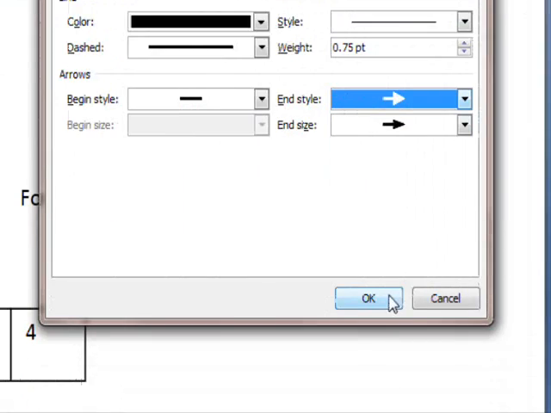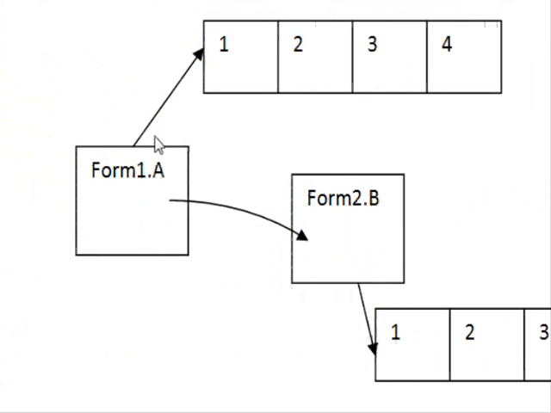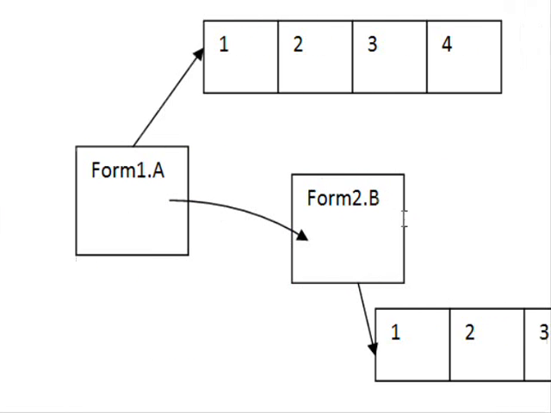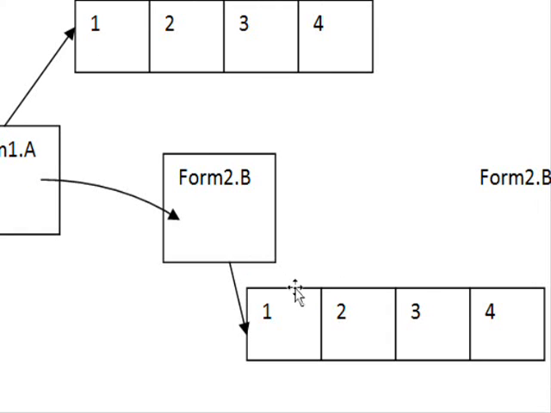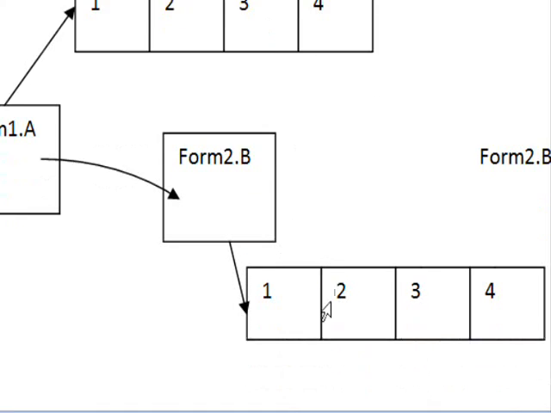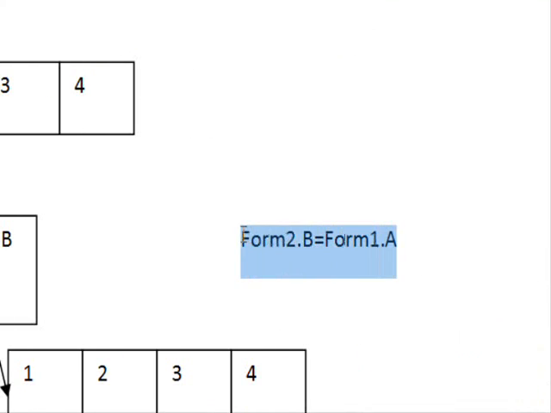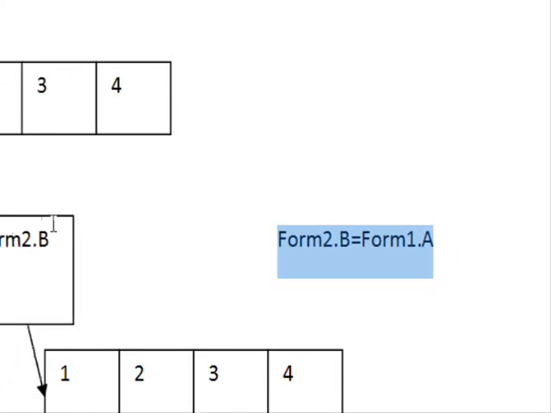So the idea here, you want to copy A from here, the value of here, and make a copy here, and you are hoping that you will have two collections, you will have a copy of the collection. Well, this statement works, but it will not create an actual copy.